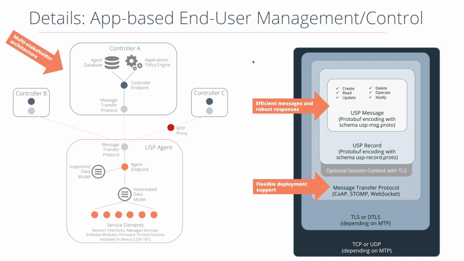CoAP, for example, is very good when you're doing communications inside the home, as it is UDP based. But STOMP and WebSockets would be something more needed when the smart device, the tablet or the phone goes outside of the home and still wants to communicate with the devices inside the home.